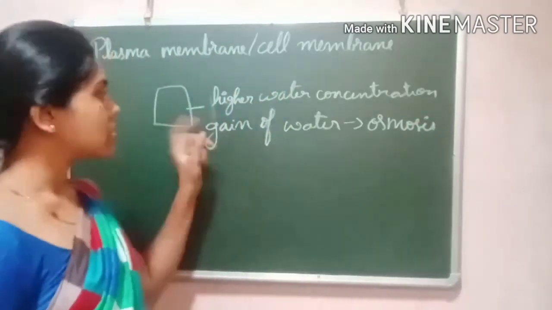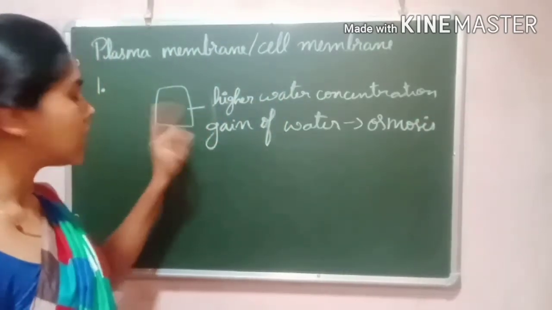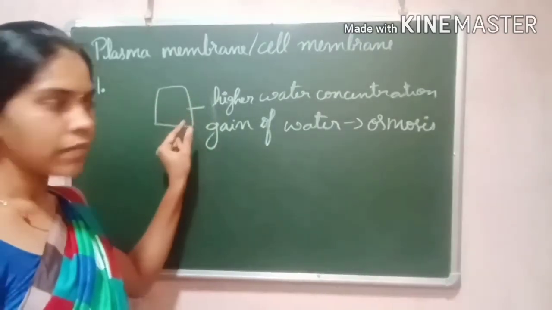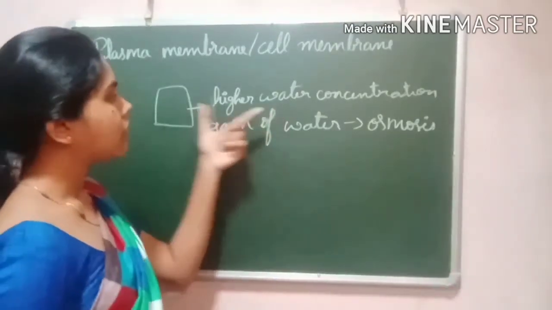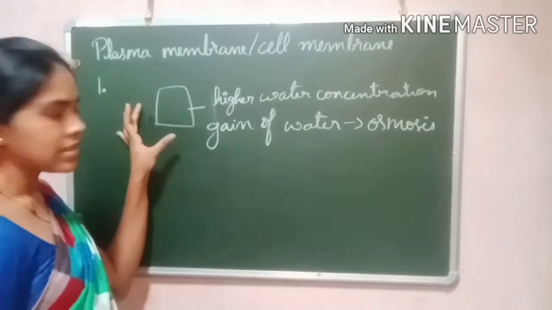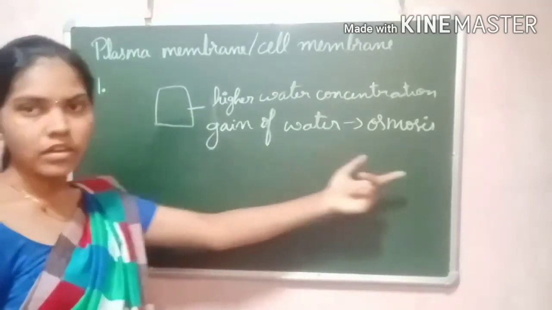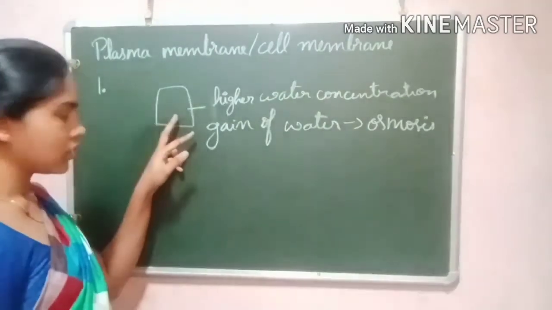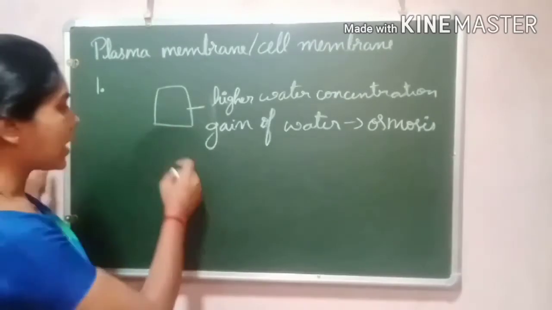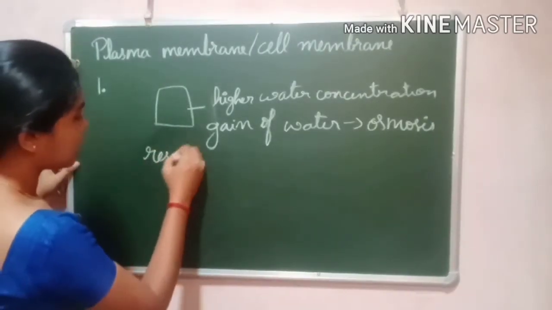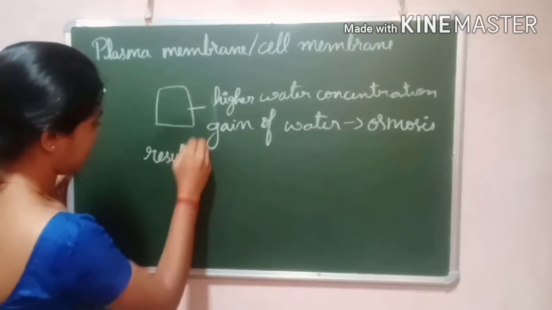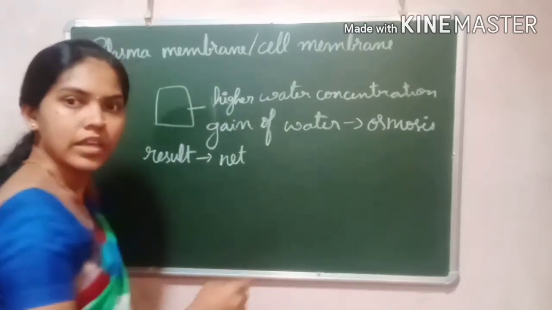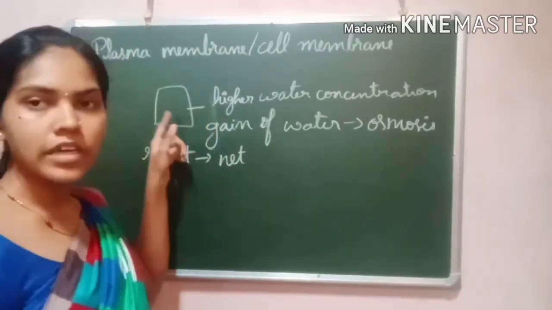There is also movement of water in both the directions. There is entrance and exit of water molecules through this semi-permeable membrane. But because the concentration of water outside the cell is higher, there is gain of water by the osmosis process. There is movement of water molecules in both directions, but the resultant net movement is a net gain of water molecules into the cell.